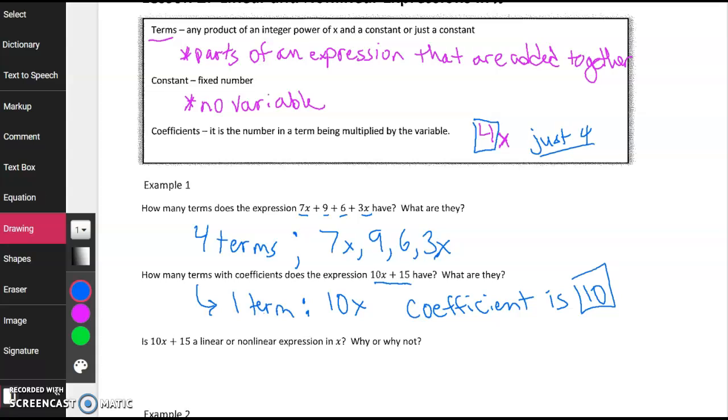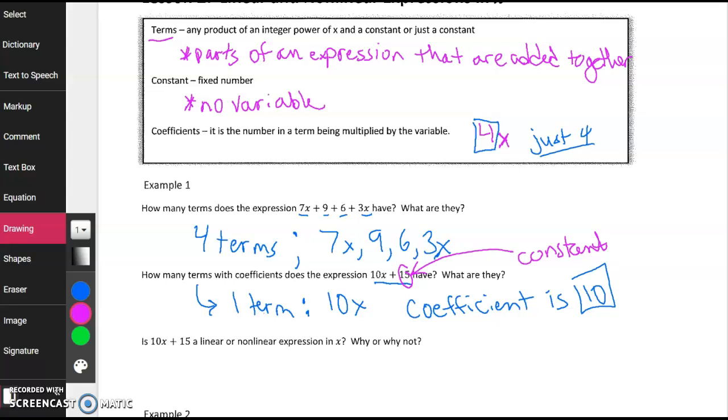Notice I didn't write an x with it. This 15 right here, that's the constant. It's fixed. There's no variable. It doesn't change, in the way that 10x changes. We can go 10 times 1, 10 times 2, 10 times 3, and so on. But 15 is going to stay 15.